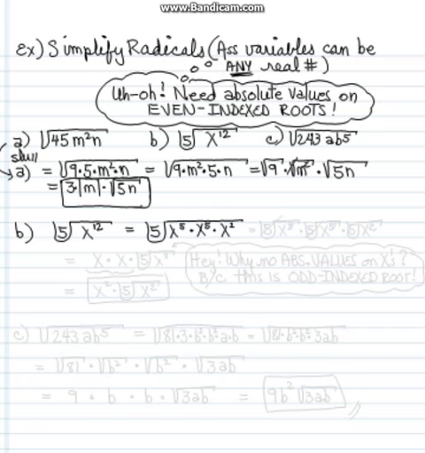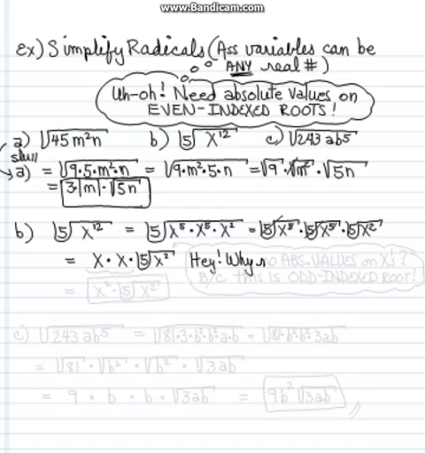Okay, now we can bust apart multiplicatively each of these fifth roots. Fifth root of x to the fifth times fifth root of x to the fifth times fifth root of x to the second. Now the fifth root and the fifth power cancel because they're inverse operations, and it leaves us a factor of x times a factor of x times a factor of the fifth root of x squared. Okay, I did not put absolute value bars on it.